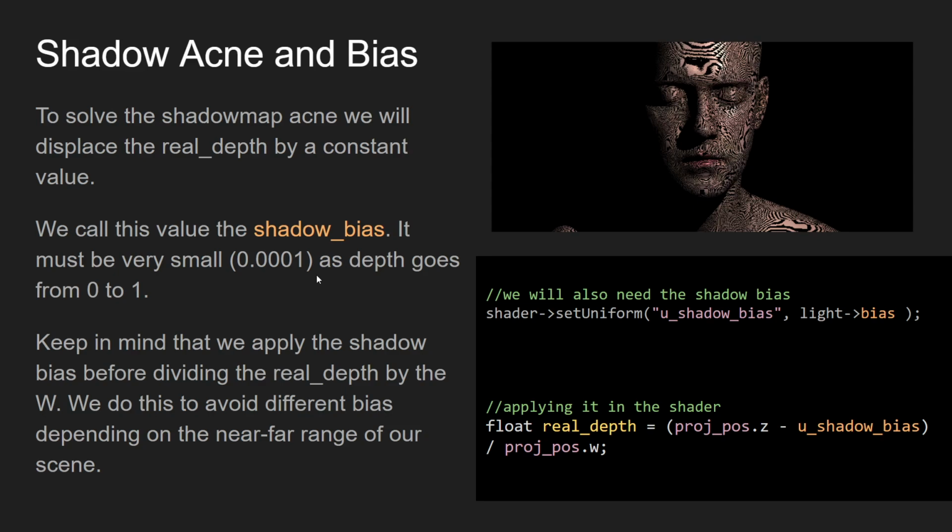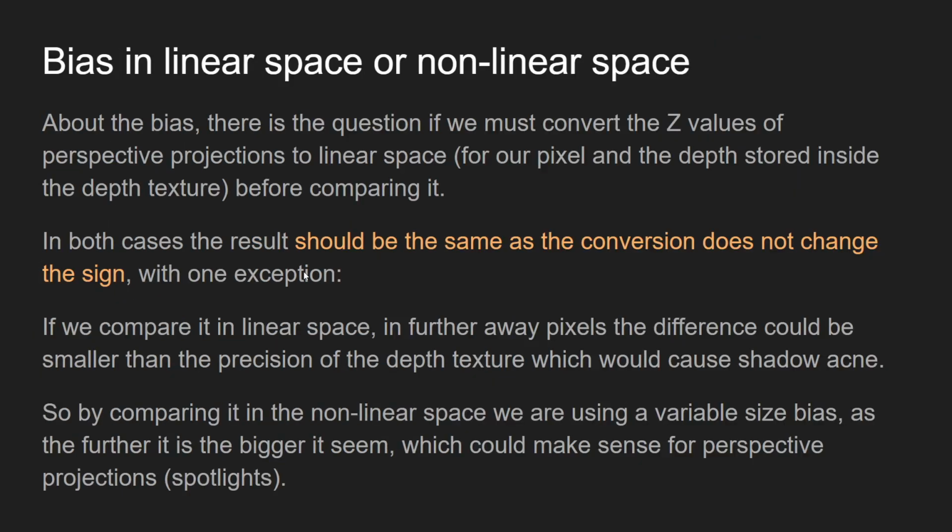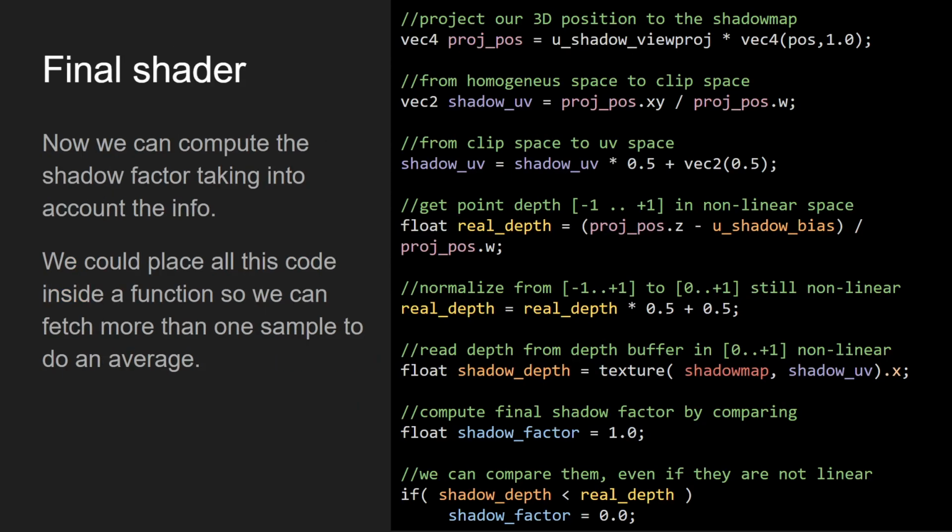If you use this value directly when you compare, sorry, before the conversion, not after the conversion, you're going to have problems because this value is going to be different if it's close to the camera or far from the camera. So in our code, we apply it at a moment when we know we are in linear space, not when we are still in this kind of strange space of the depth.